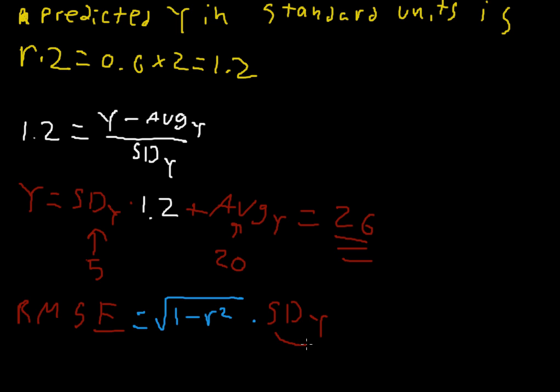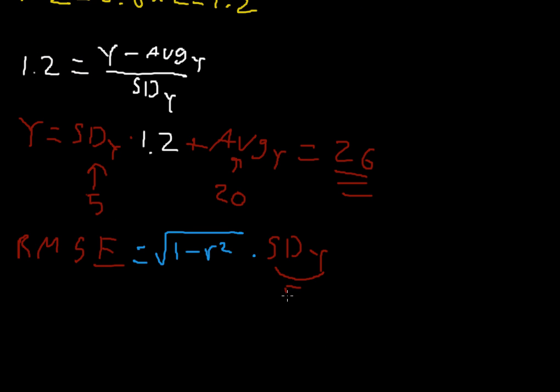And r is 0.6, so r squared is 0.36, and 1 minus that is 0.64. The square root of 0.64 is 0.8. So 0.8 times 5, the RMSE is 4, right? The RMSE is always lower than the standard deviation of y if knowing x tells us anything about y. That's not 5, that's 4. So we know a little bit extra.